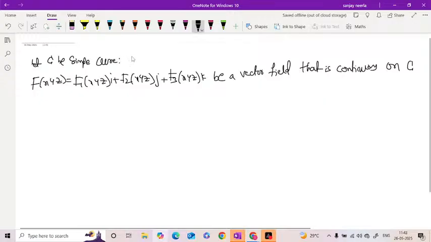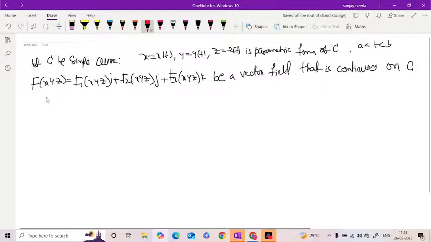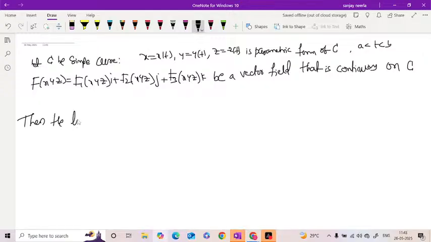and x is equal to x of t, y is equal to y of t, and z is equal to z of t is the parametric form of the curve from A to B. So then the line integral is, I think we have seen a few problems in the previous class.